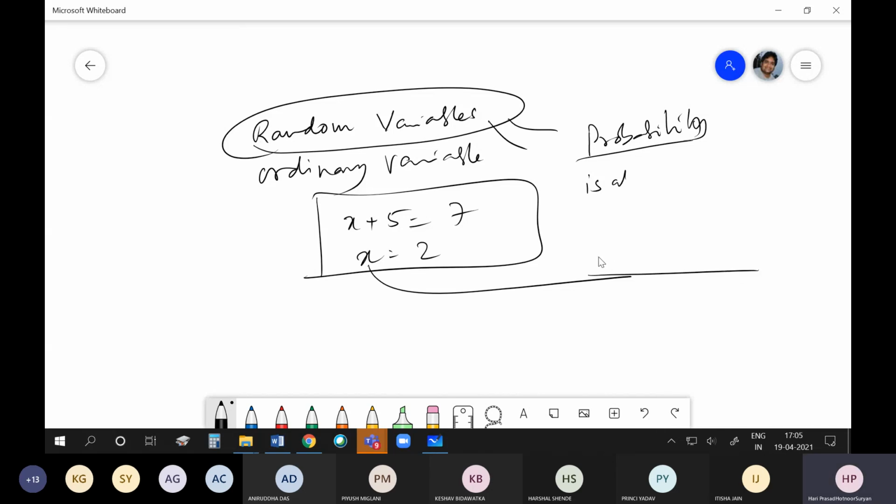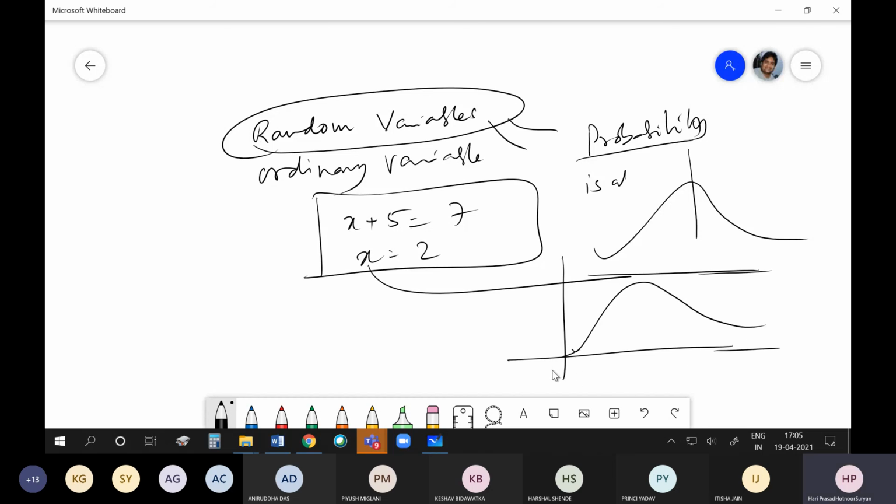Let us say I have the marks of students in a class. Let us say this axis is 0 to 100, and these are the fraction of students who have got marks between 1 and 100. How many students will get 50%? Anyway, I will stop here.